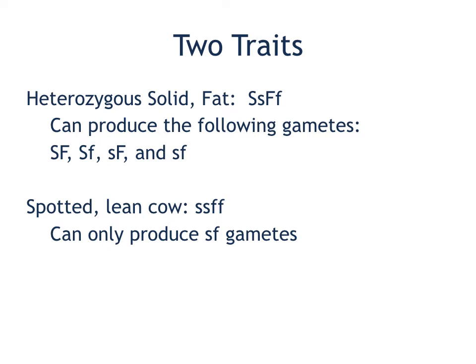And our spotted lean cow that's completely homozygous recessive can only produce little s, little f gametes. So on the next slide, I'm going to set up this box in a different way, just to show you what you can do and what you can drop off.